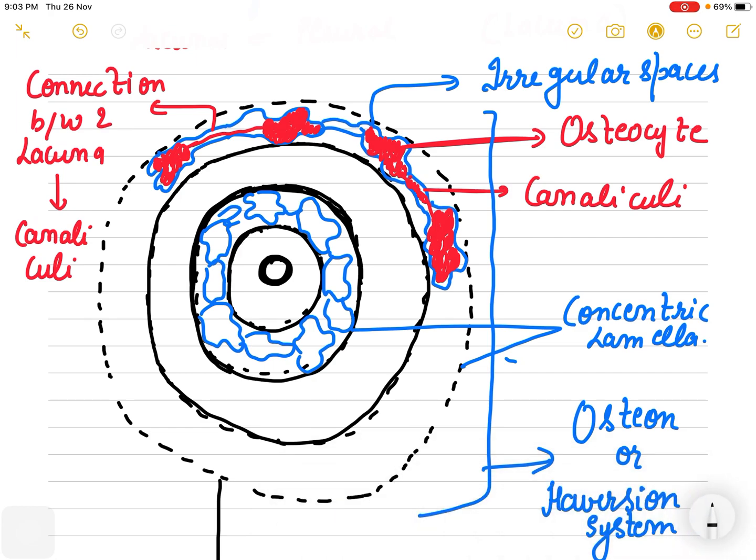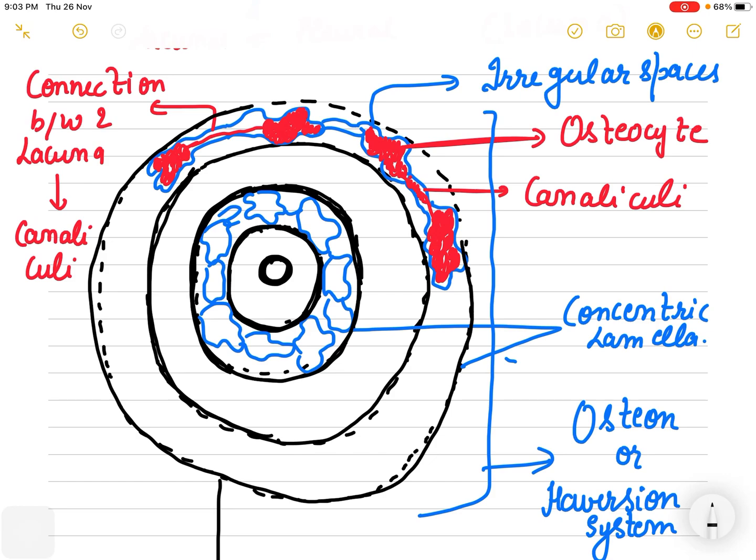The cells, these osteoblasts, are arranged in these concentric rings. As you can see, this is 1, then 2, then the third ring I have drawn, and the last one is the fourth ring. These are the rings I have drawn around the Haversian canal.